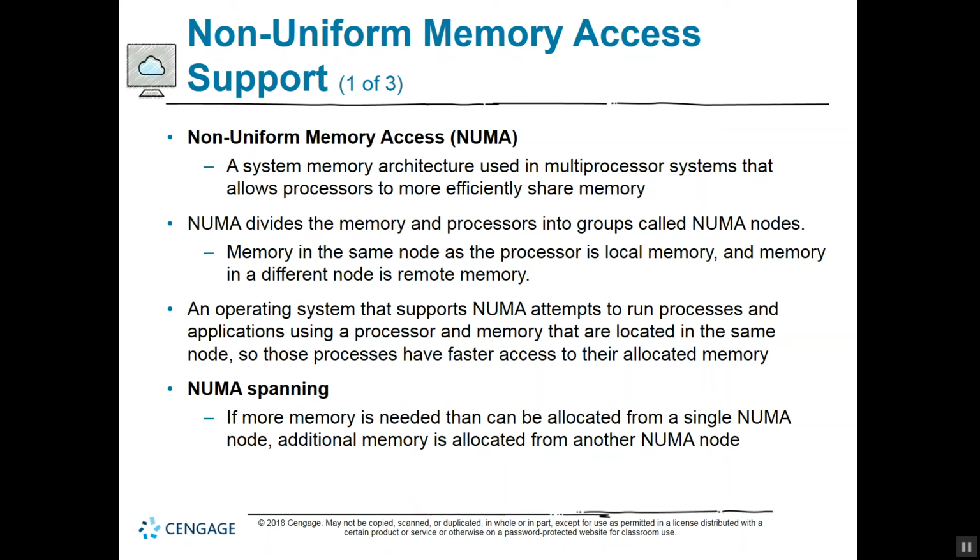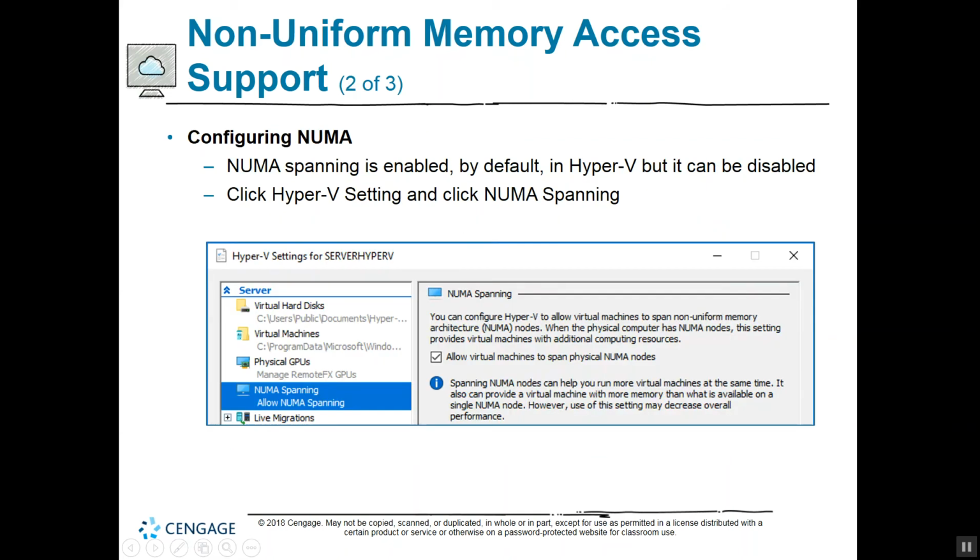Now, memory in the same node as the processor is local memory, and memory in a different node is remote memory. And we can have NUMA spanning. If more memory is needed, it can be allocated from a single NUMA node. Additional memory is allocated from another NUMA node. And here we go, it's NUMA spanning, and we can allow it or just turn it off.